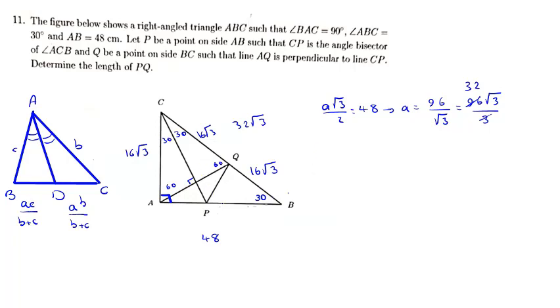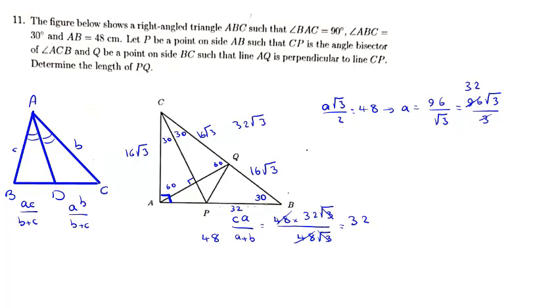Now BP here is CA over A plus B. C is 48, A is 32 root 3, over A plus B, which is 32 plus 16, 48 root 3. So we cancel, and it will be 32. So this side will be 32.